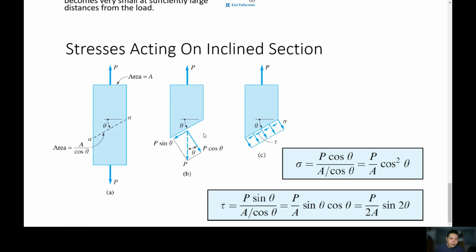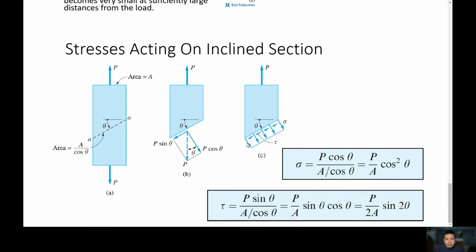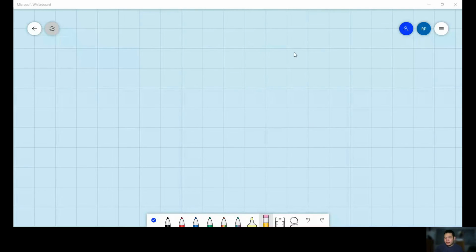If we analyze this in a very short way in a shearing and inclined plane, I'll just go ahead and change my screen to demonstrate this further to you. Okay, so I hope that you can already see my screen.